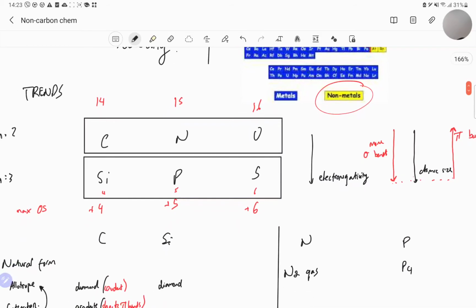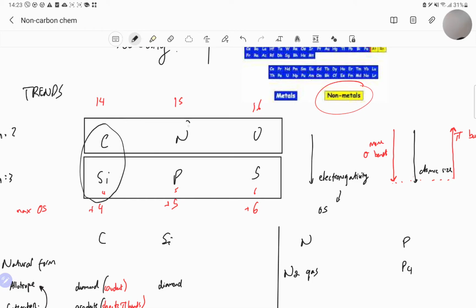Also, there is the effect of electronegativity on the oxidation state. So what that means is that for carbon and silicon, they want to lose electrons. It's like half-half.